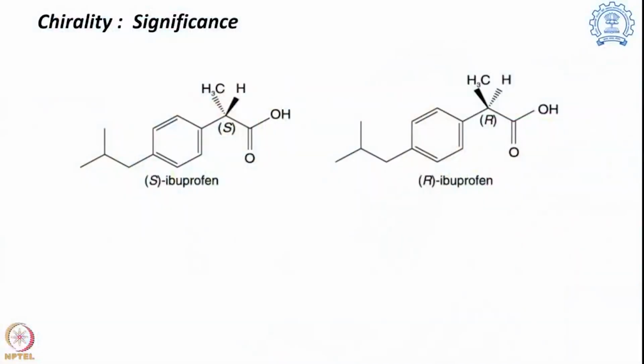So, for an example, over there this molecule I have drawn, and most of you probably heard this name, ibuprofen, which is one of the most popular drugs at this moment, and we are using it at quite a high amount. This molecule is actually chiral because it has a chiral center, and because it has a chiral center it can have 2 different isomers, mirror image of each other, and this mirror image are called enantiomers.